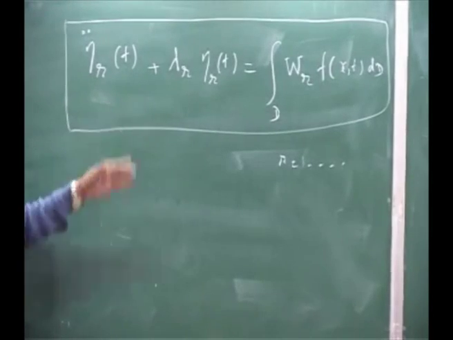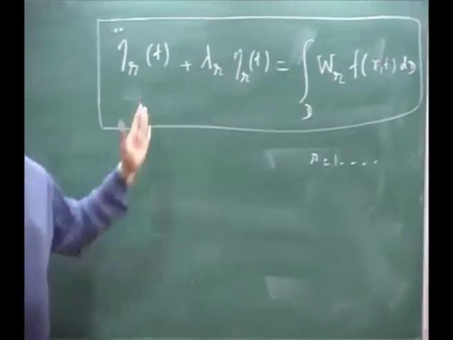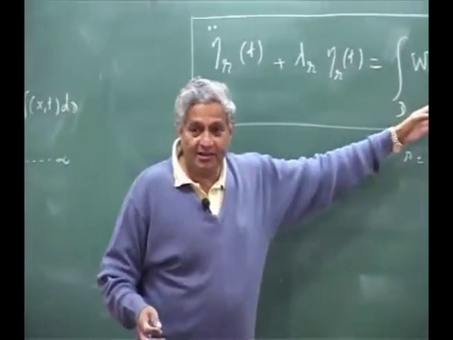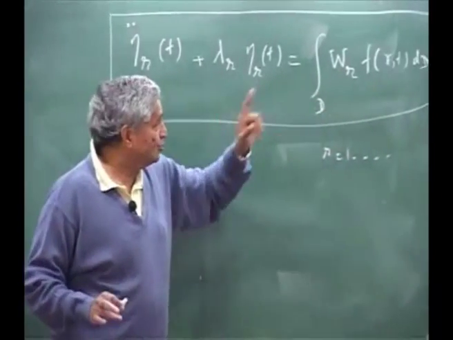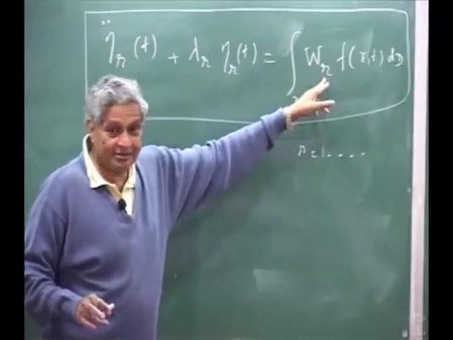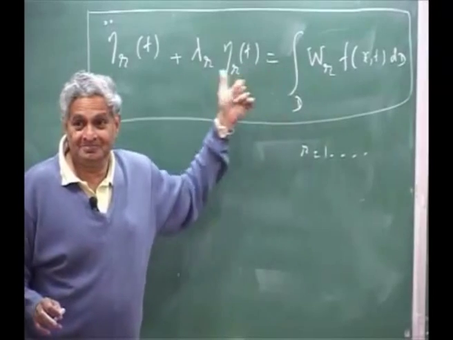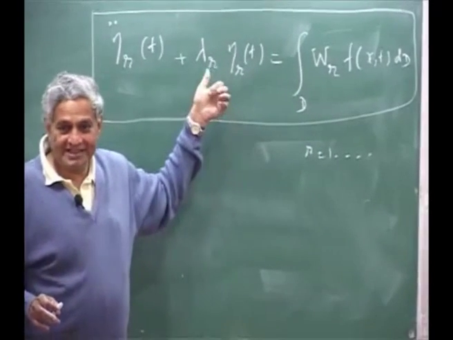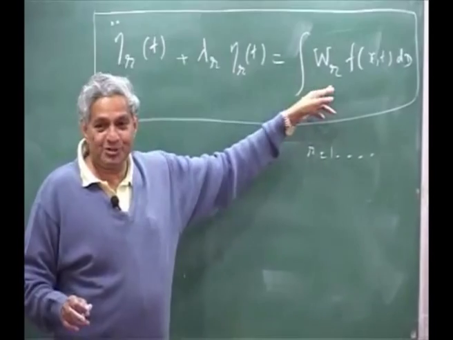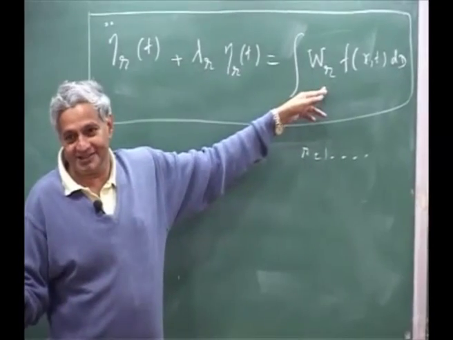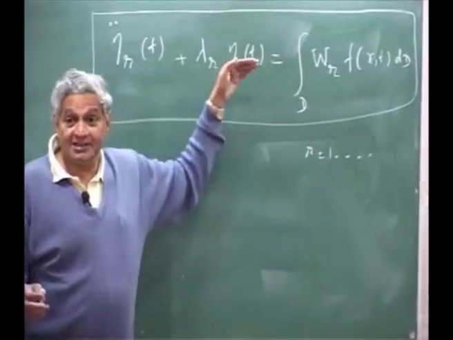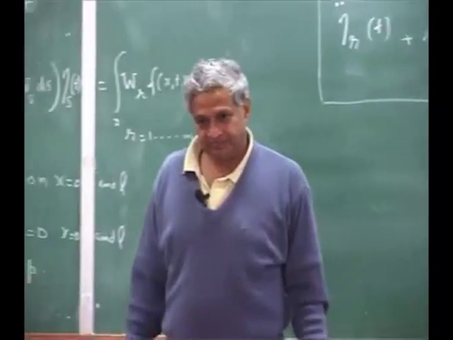Each eta r is a generalized coordinate. It is independent. Please solve. Only thing is, to do this, you must know WR. And lambda r will come. Now you see the natural frequency, the corresponding mode shape or the eigenfunction.